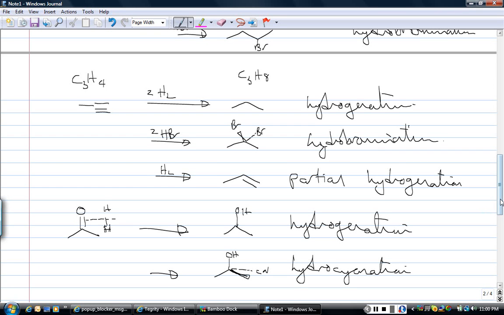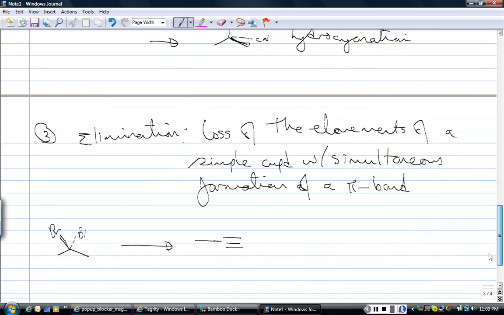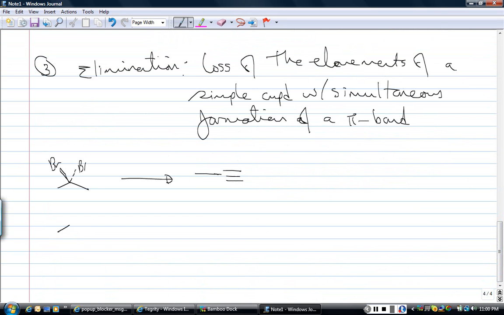Or I can go from this compound, and I can make this one. Or I can go from this compound and make this one.